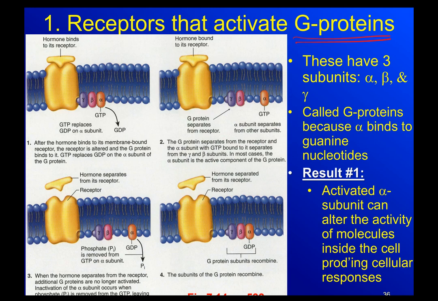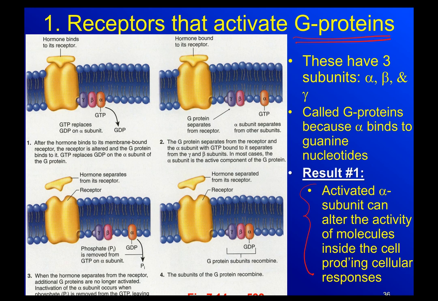With G proteins, you basically have four options, four things that can happen when you bind a hormone to a G protein. One, the activated alpha subunit can alter the activity of molecules inside the cell, producing a cellular response.